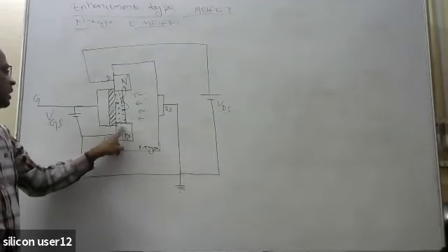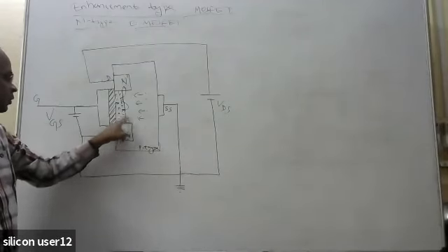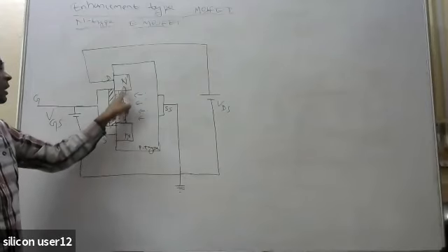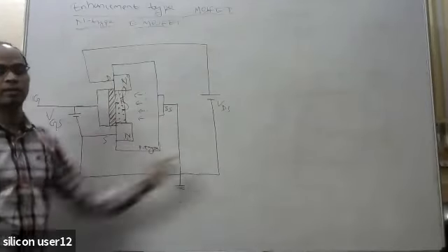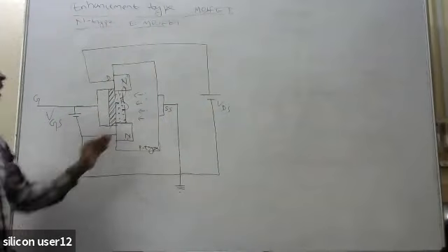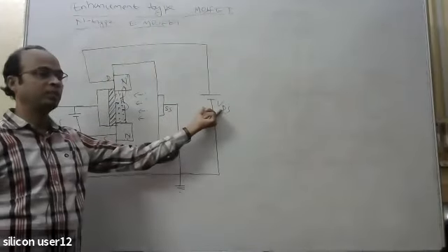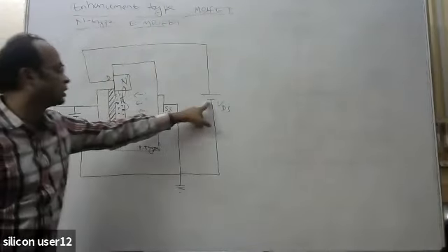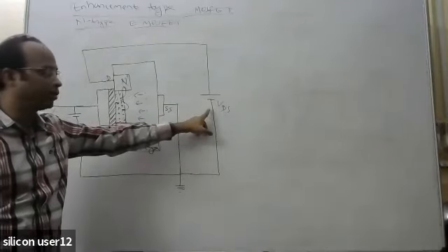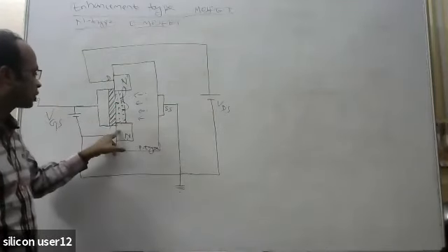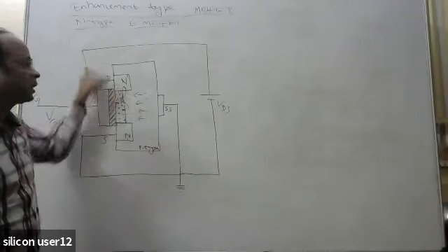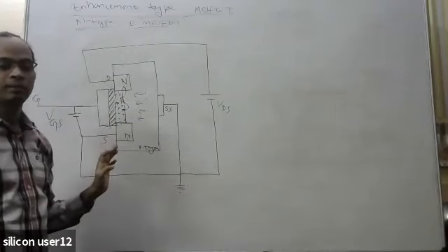After reaching it, it moves here, this electron is moving here, this electron is moving here. Like this, the circuit is completed. So when you apply this positive VDS value, the electron comes from the negative terminal to the source terminal, and through this channel it is moving.